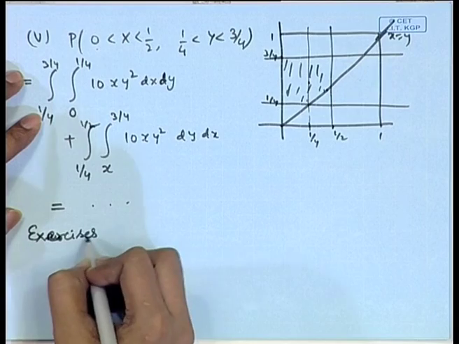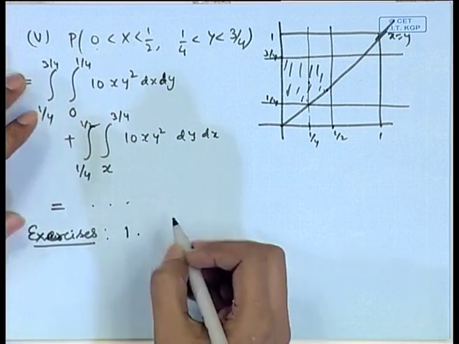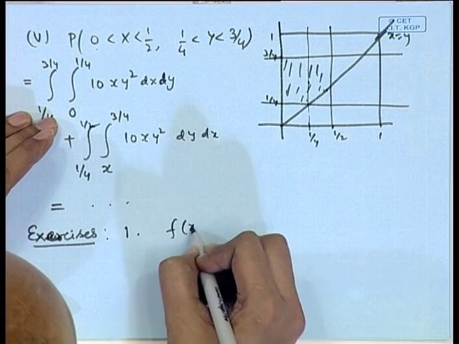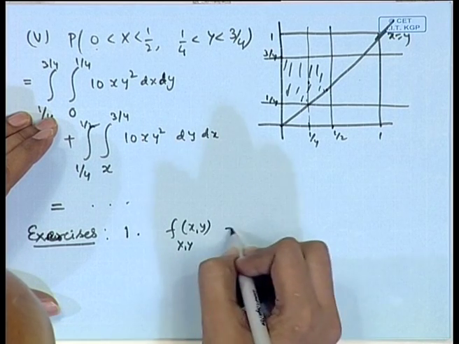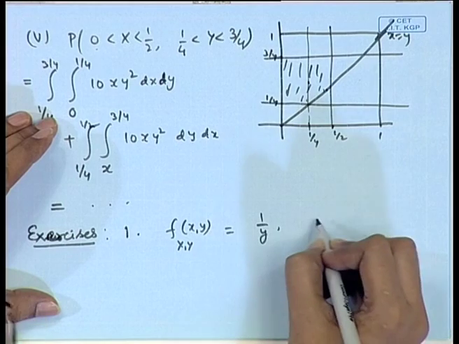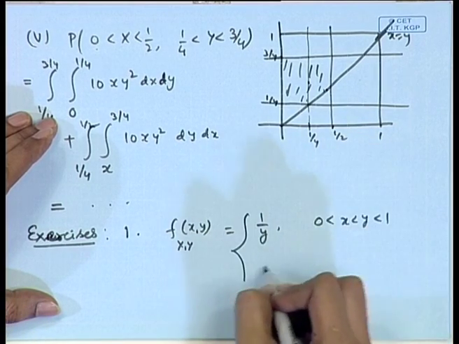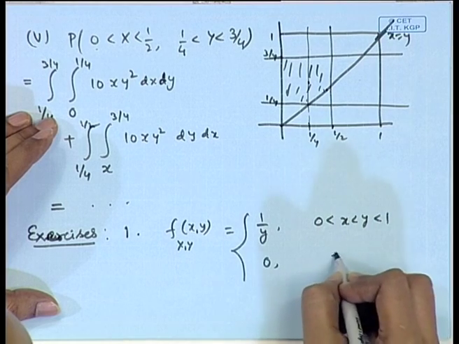I give certain exercises here. Consider say the joint distribution is equal to 1 by y, 0 less than x less than y less than 1, and it is equal to 0 elsewhere.